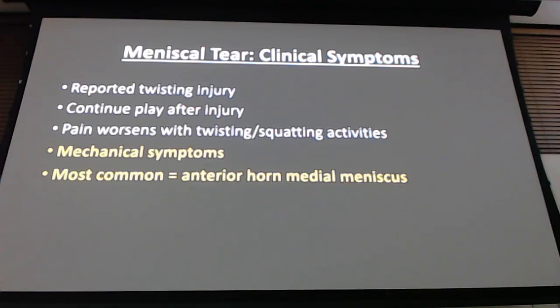What they're talking about there is that when you're doing an assessment on a patient, and you say, hey, I believe you sustained a meniscal injury, do you only do meniscal testing? No. So you do all of those tests, right?